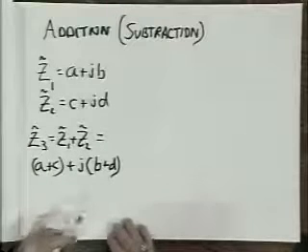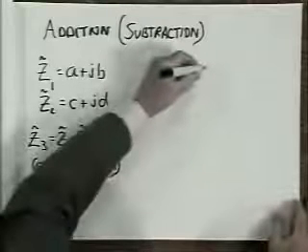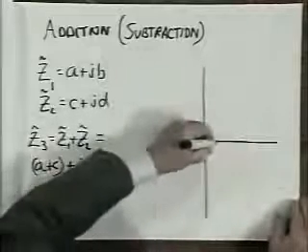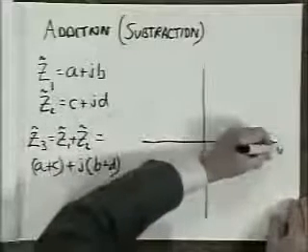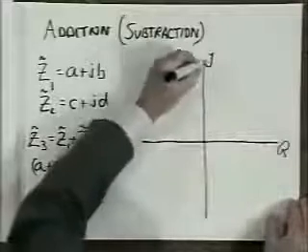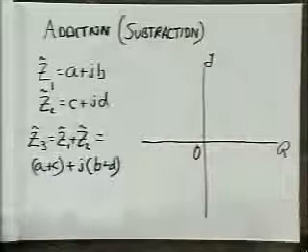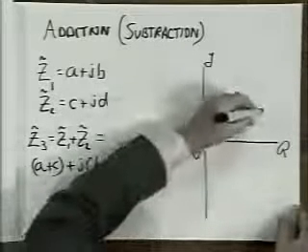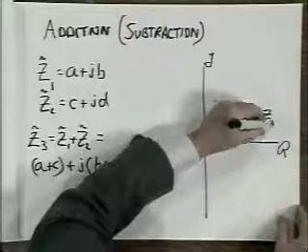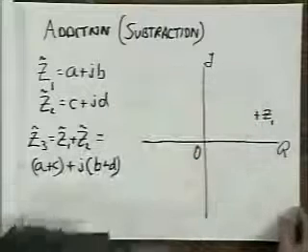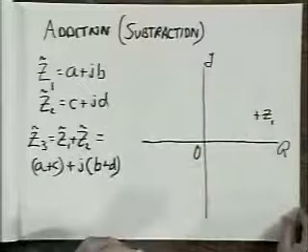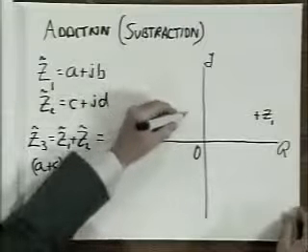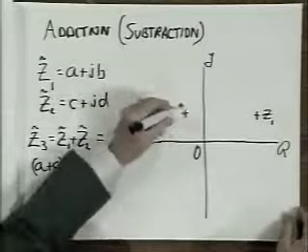You can easily represent addition or subtraction in the complex plane. Real part, imaginary part, and the origin. Suppose the complex number z1 is over here, and the complex number z2 is over here.